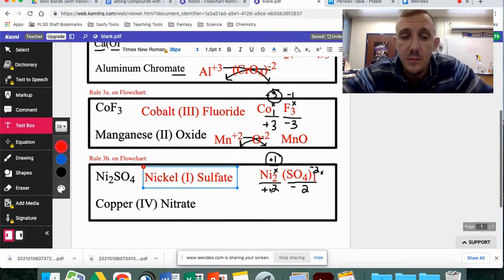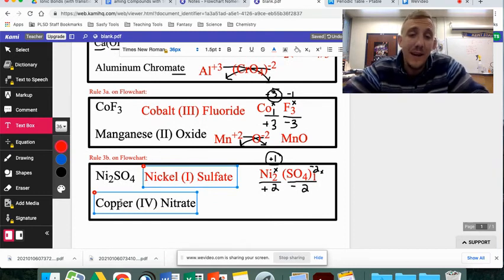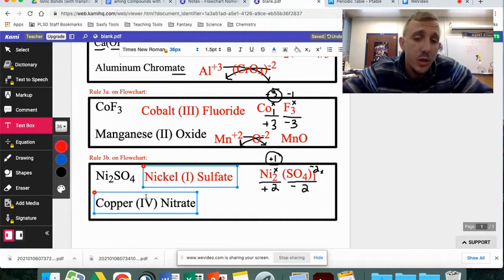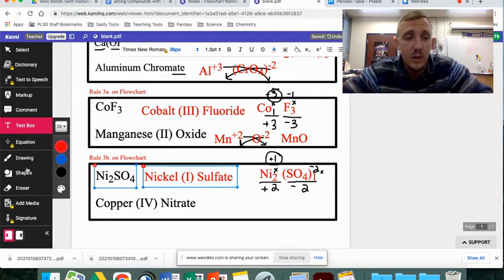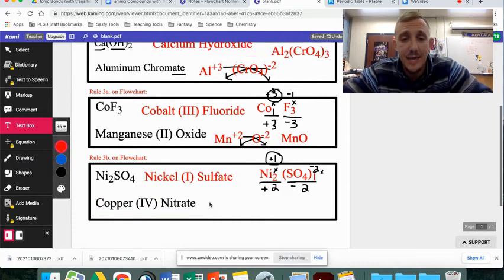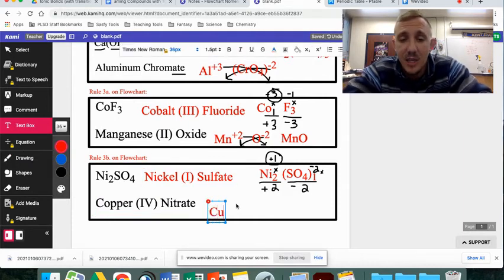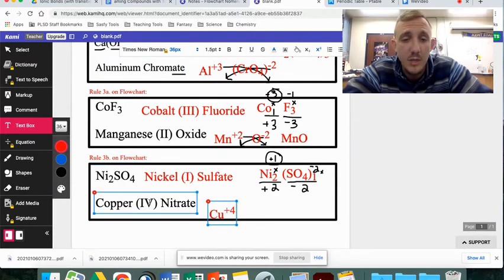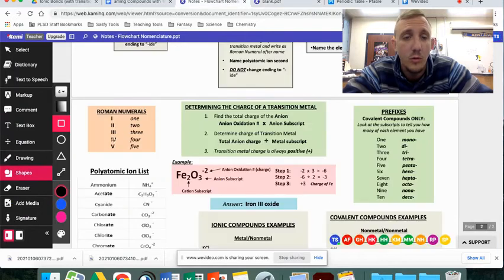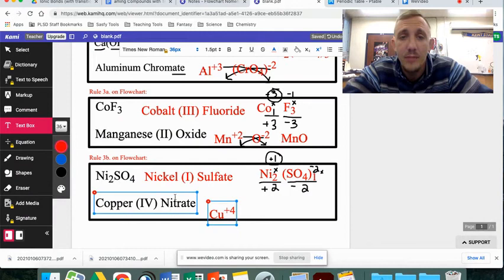Now, once again, if I have the name, it's a lot easier to figure out because I already know the charge. It gives it to me in a Roman numeral. So if I go ahead and type this out, I have Cu, and it's going to be +4. How I know is because it gives me the Roman numeral for 4. And then I have nitrate.